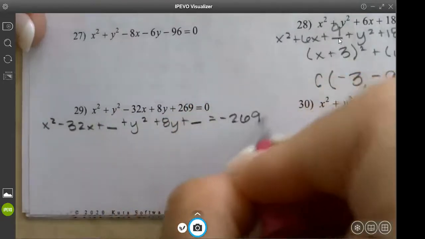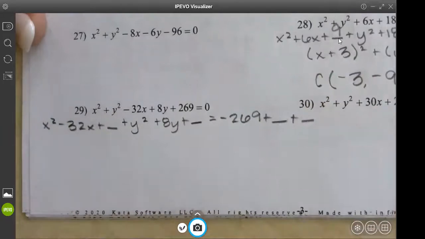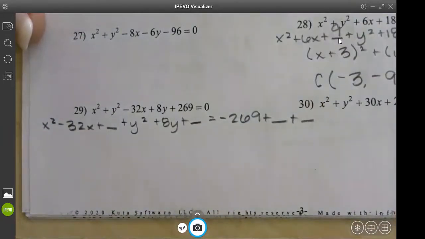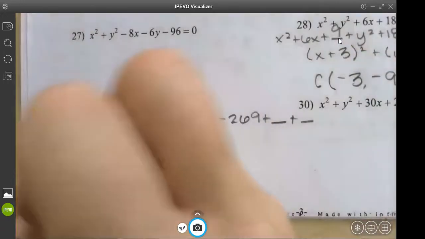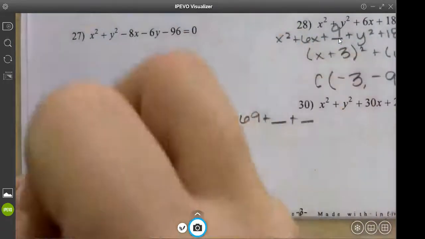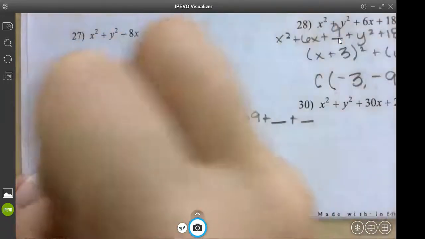Move your 269 and put blanks. 32 divided by 2 is 16.